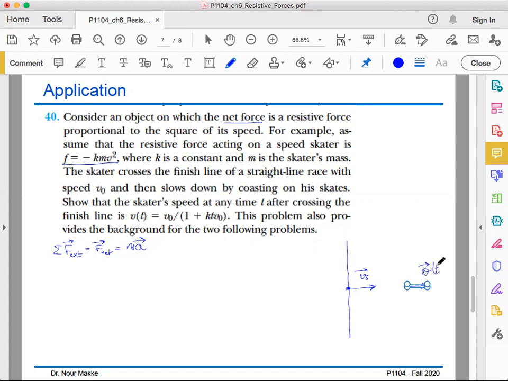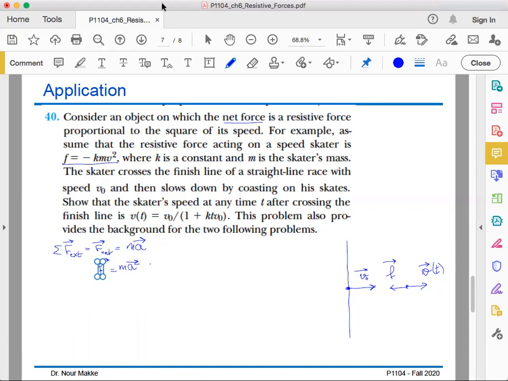The object is subject to a resistive force, which is given by F, right? So let's apply Newton's second law on this object. F net is nothing else than F, the resistive force, and it's equal to the mass of the object multiplied by its acceleration.